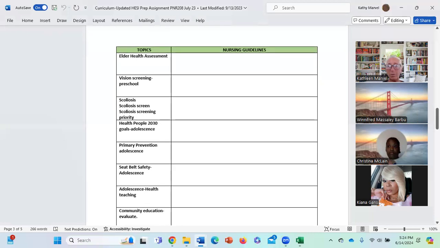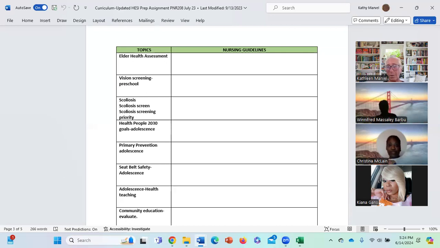Scoliosis. What's a scoliosis screening? What are we screening for? The nurse is looking for asymmetries in the shoulders, hips, and waist, and in the spine, palpating the spine for abnormalities. Measurement should also be conducted with the scoliometer.